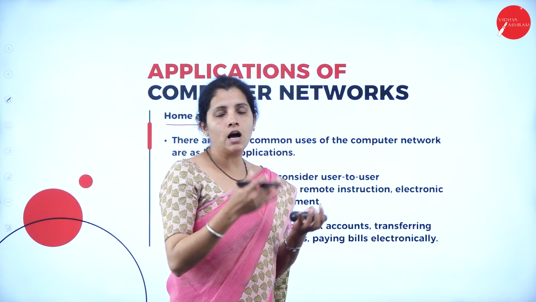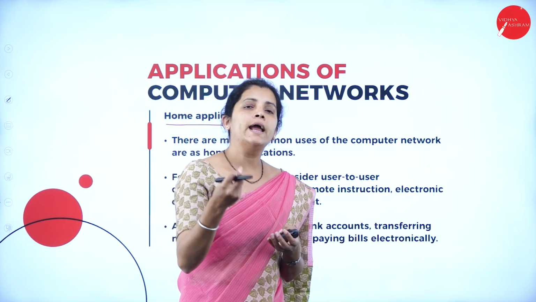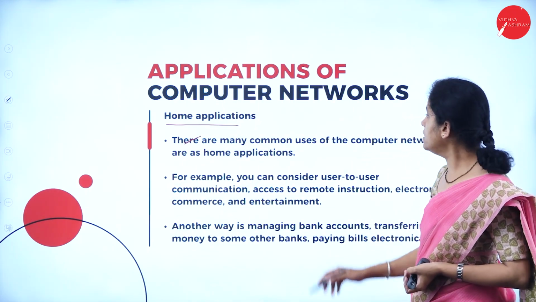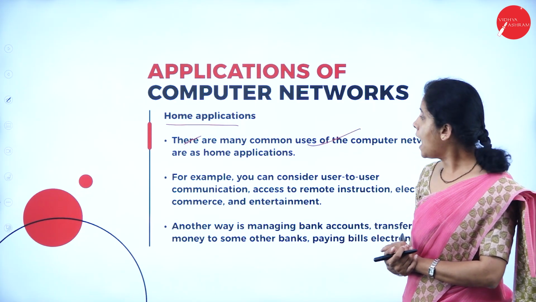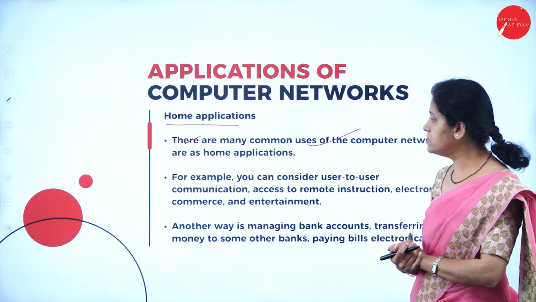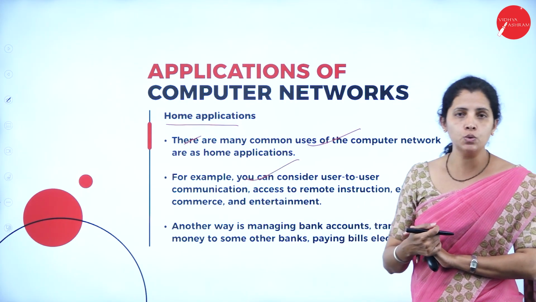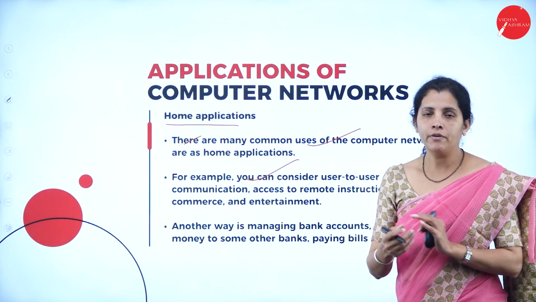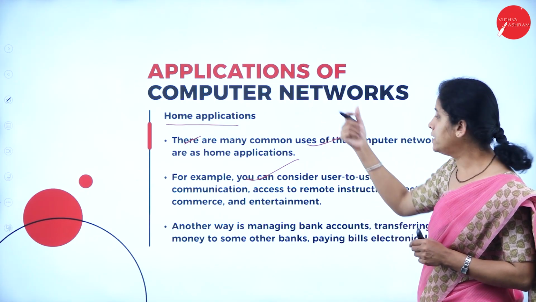For that also I require a network or net connection. So there are many common uses of computer networks as home applications. First, you can consider user to user communication. That is nothing but WhatsApp chat. If I want to chat with my friends, I require a computer network.